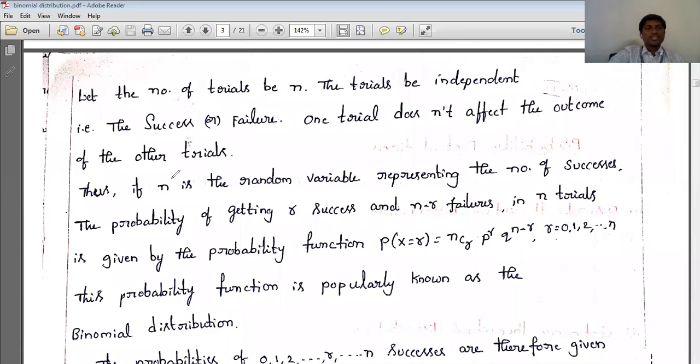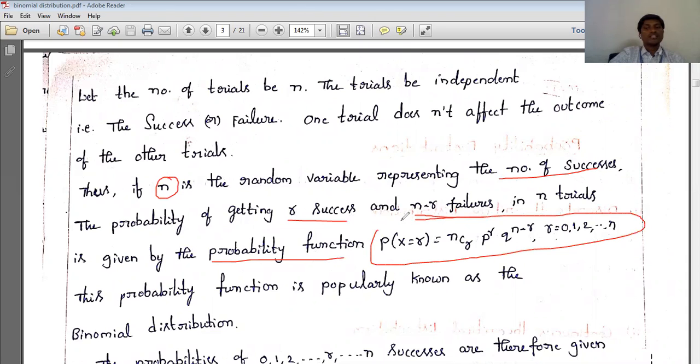The probability of getting r successes and n minus r failures in n trials is given by the probability function P(X = r) = nCr p^r q^(n-r). Here p represents success, q represents failures, and r represents r successes, and n minus r failures.